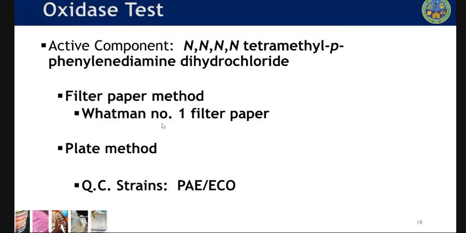You make use of PAE, a code for Pseudomonas aeruginosa. So this is oxidase positive. And then ECO or E. coli, this is oxidase negative. E. coli actually is a representative of your Enterobacteriaceae. So these are the two QC strains usually used to test the performance of your reagent.